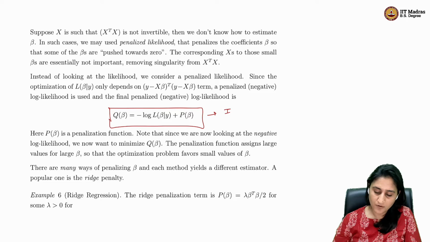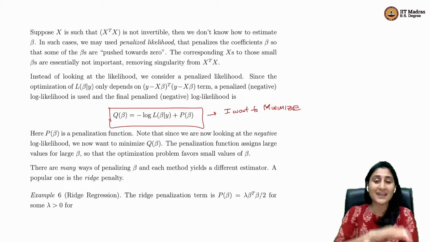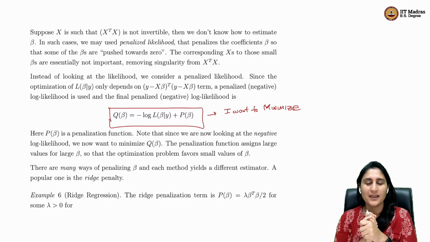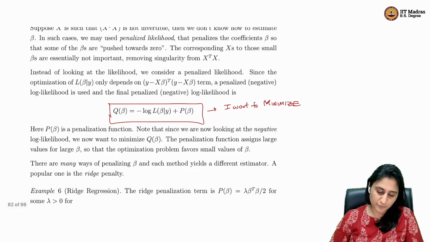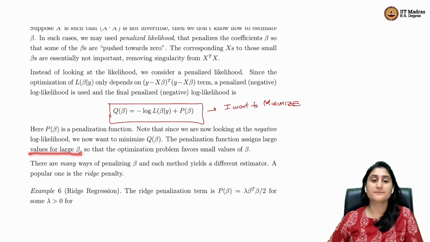We now have a new function of beta, that's Q beta. And this I want to now minimize, not maximize. I want to minimize this because I've taken the negative of the log likelihood. I wanted to maximize the log likelihood, which means I want to minimize the negative log likelihood. So what does the penalty function do? The penalty function essentially assigns large values for large beta.